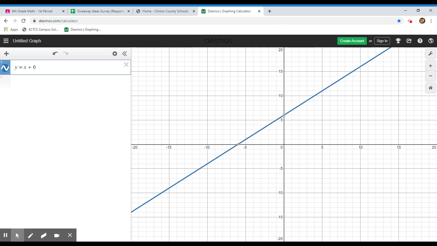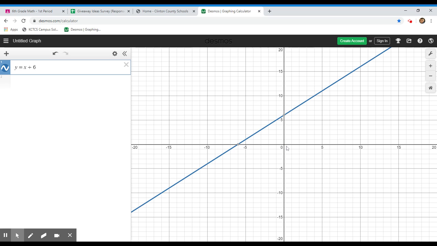That shows us all possible answers for the equation y equals x plus 6 based on what your x and y's are. So, for instance, your x coordinate would be plugged in for the x value, and your y coordinate would be plugged in for your y value.